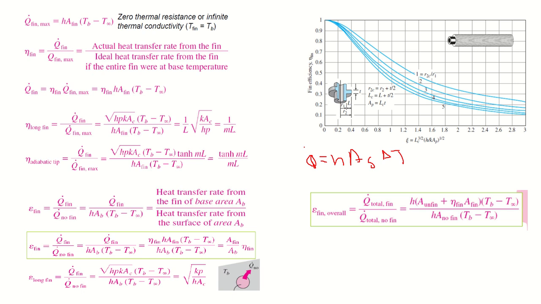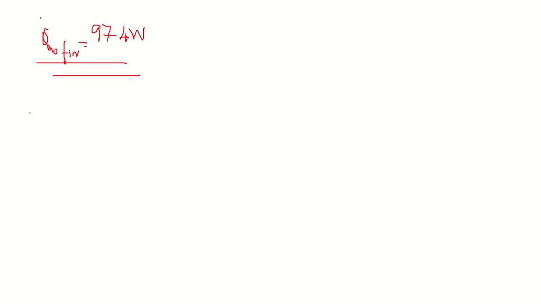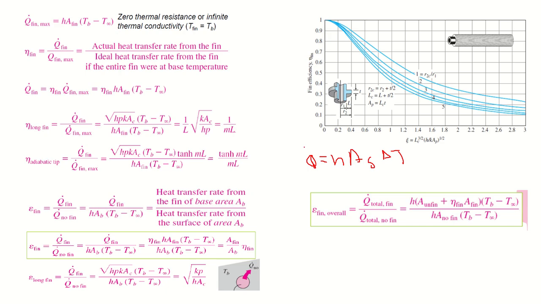How will you find Q dot of fin? From the formula we know Q dot of fin is efficiency multiplied by Q dot fin max. Right, this is the formula. Because if you go back, you see Q dot fin is equal to efficiency into Q dot fin max, efficiency into h times area of fin.